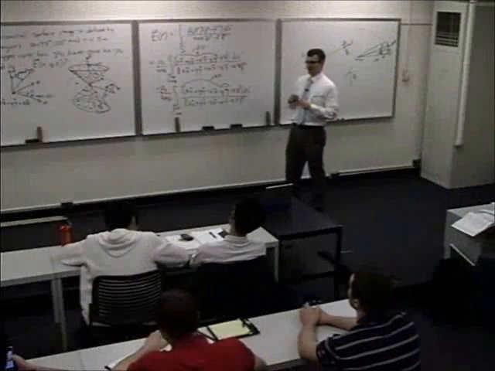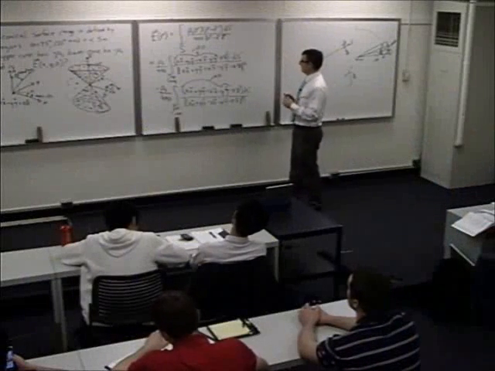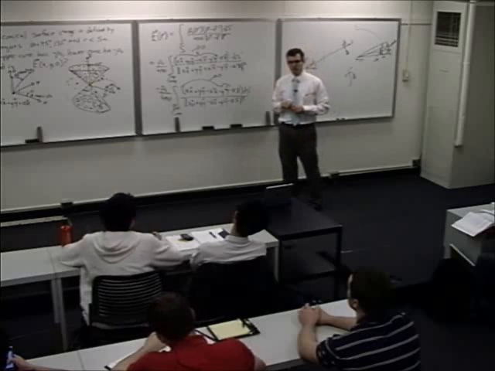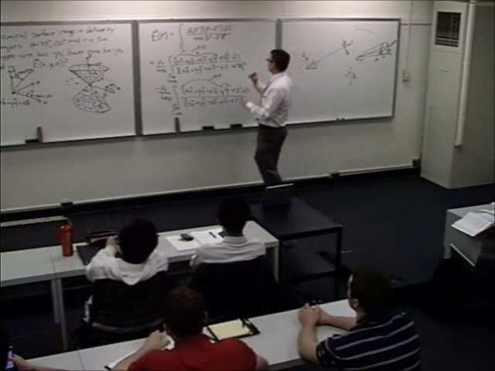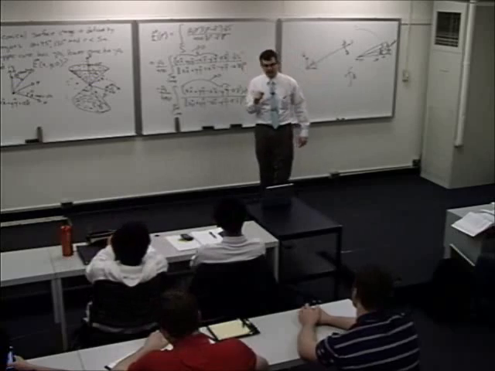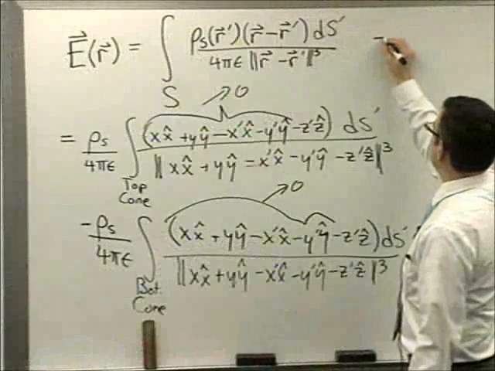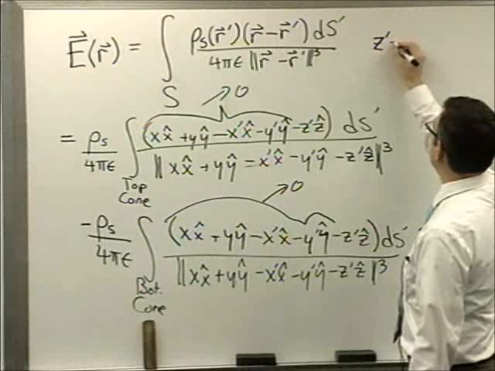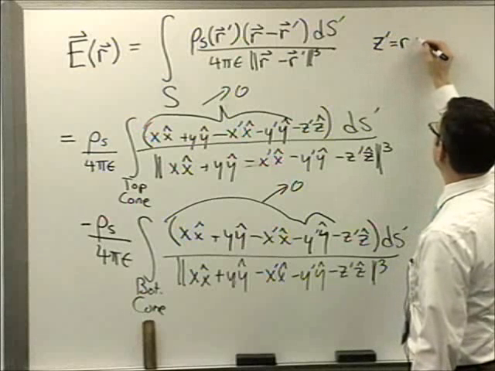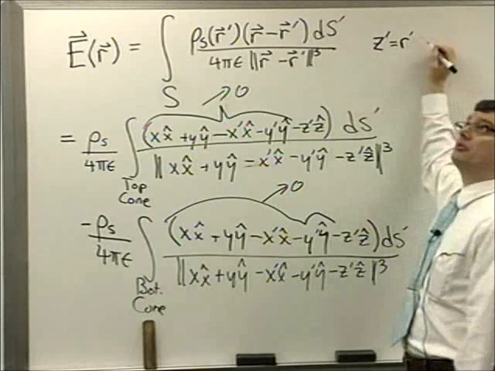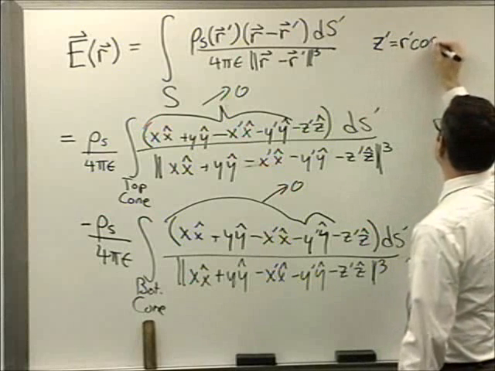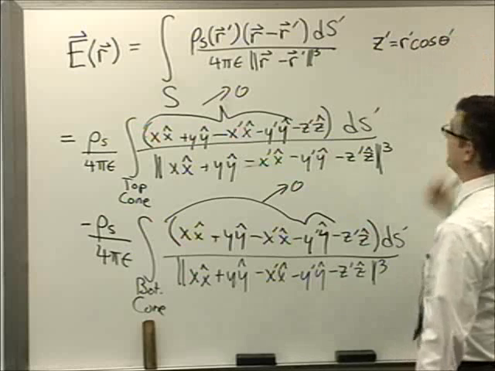So this was a remarkable simplification that we've been able to make. We can even make a few more. First of all, we recognize from our spherical formulas that we put on earlier in the class, we are going to substitute Z prime is equal to R prime cosine theta prime.